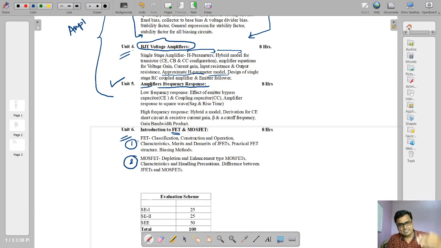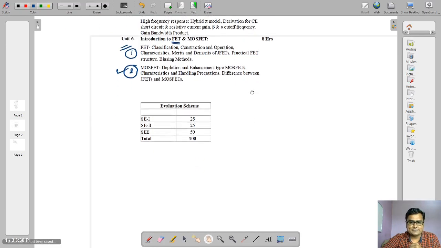As with BJT, we are going to discuss FET and MOSFET in this chapter. The amplifier using FET is covered, and the construction, types and differences are going to be discussed about MOSFET in the second part. Now this is all about the syllabus. Total 6 chapters are there in ETL 202. After this we will turn towards the evaluation scheme.